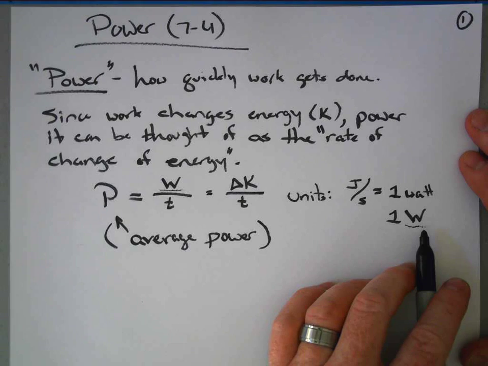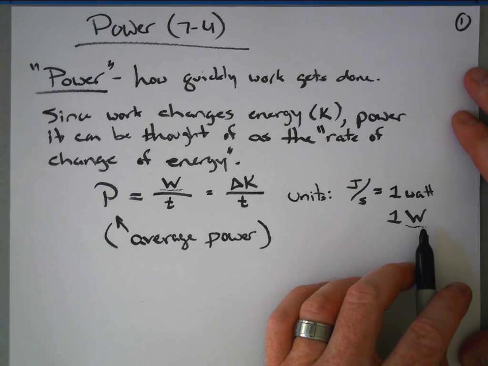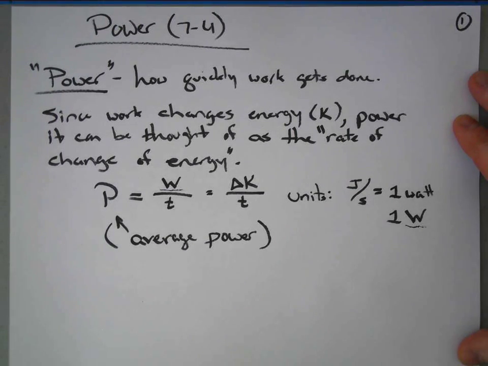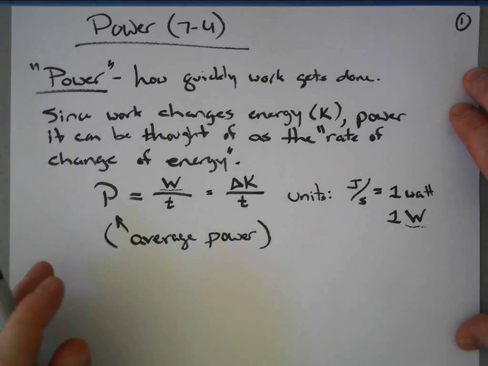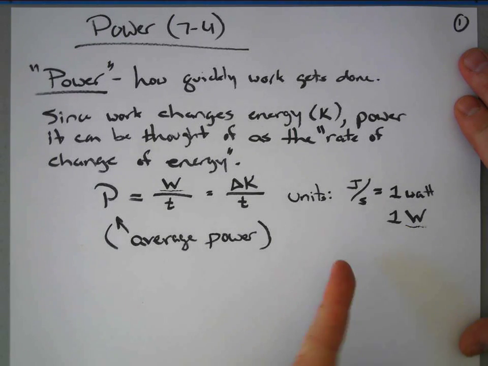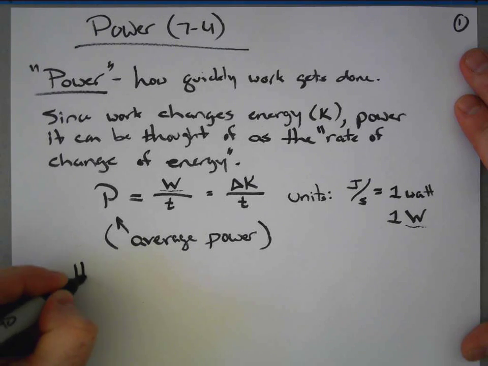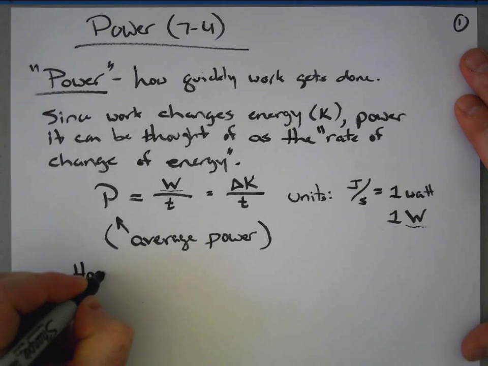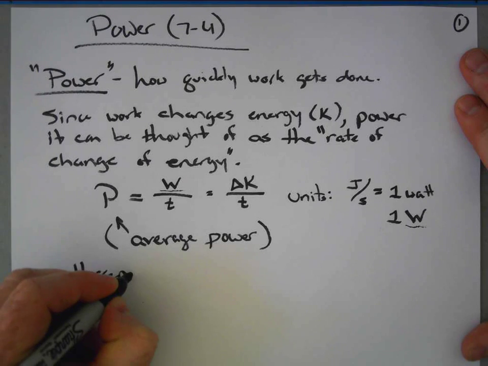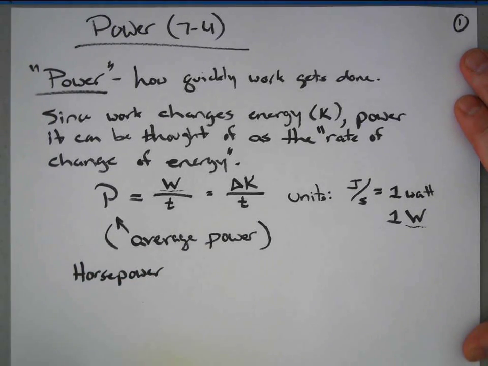Now, watts. It's named after James Watt, way back in the, I don't want to say the late 1700s. James Watt was kind of instrumental in getting the Industrial Revolution going, worked a lot with steam engines and improving their design. But there's another unit of measure that's very common for power, and the other unit that you are probably used to hearing is horsepower, particularly with cars, but not always.